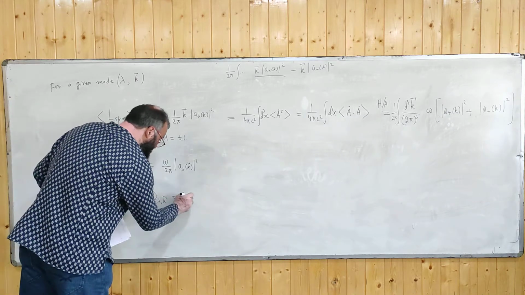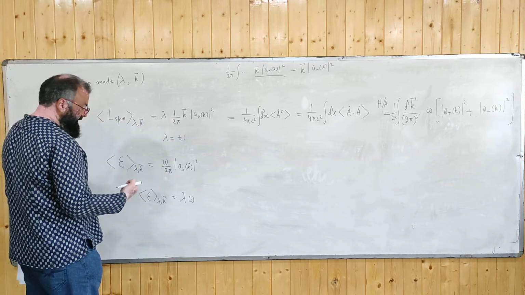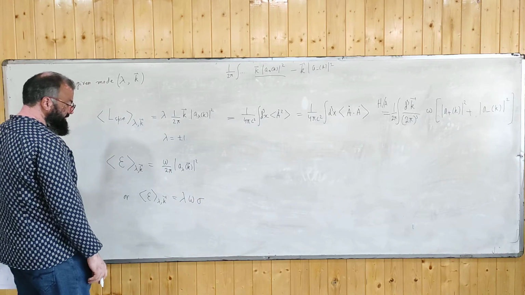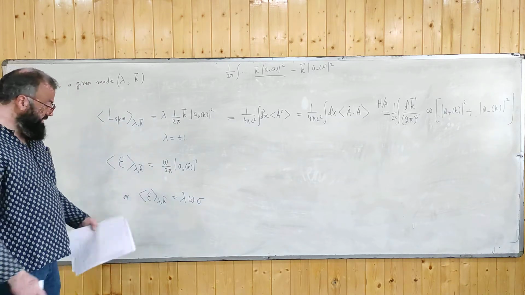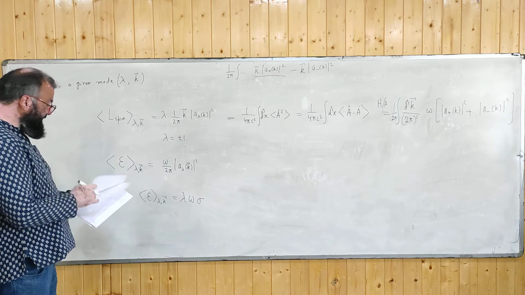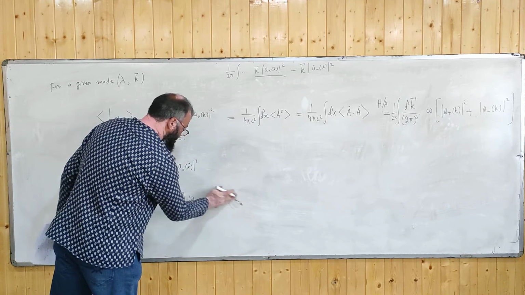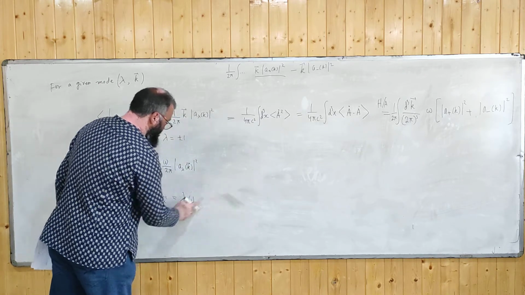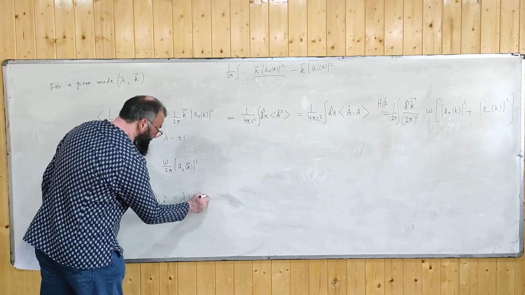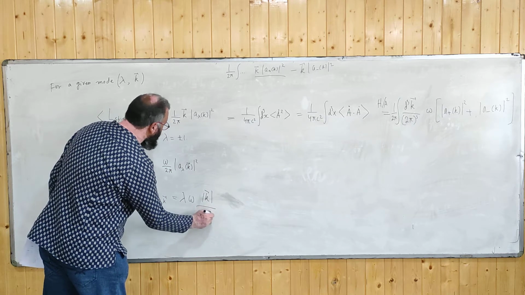So it is lambda omega. Let's write sigma. What is the sigma? Tell me. Let me write it this way: lambda omega sigma. So it is magnitude of k divided by pi.